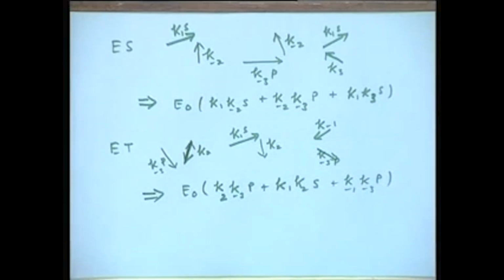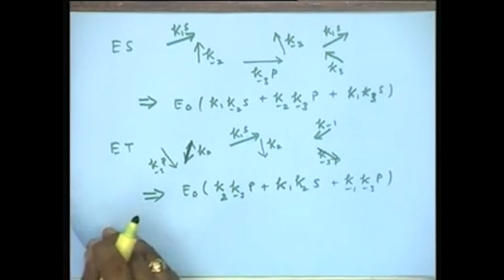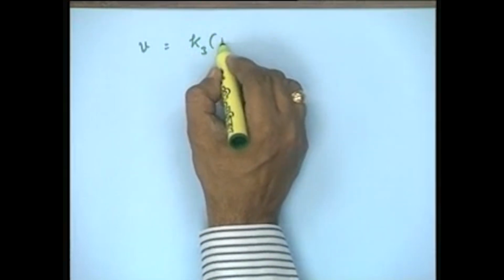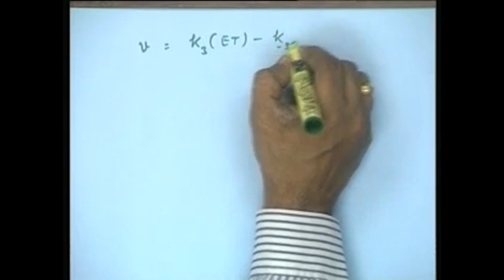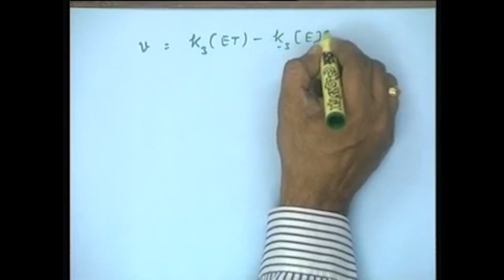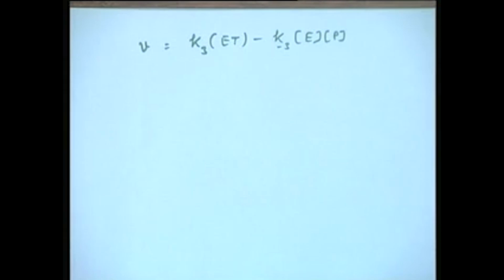Now, you can write the reaction velocity. The reaction velocity for such a reaction will be given by K3 into Et minus K minus 3 into E into P. The rate expression for that will be this expression.